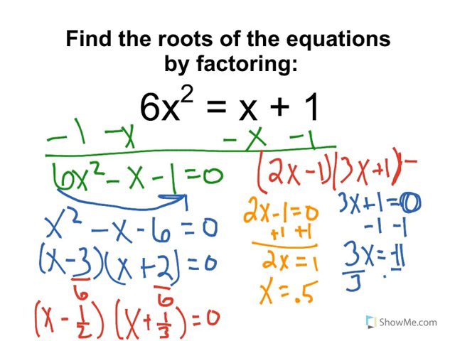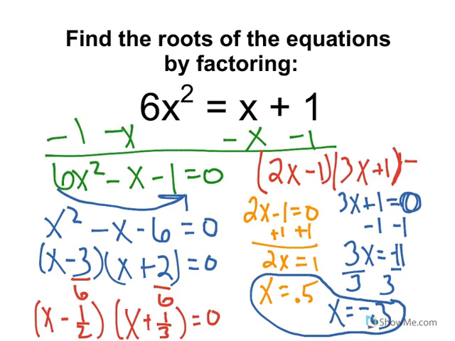Divide by 3. X is equal to negative 0.3. So those are our two values. So if we graphed it, that parabola would cross the x-axis at 0.5 and negative 0.3.